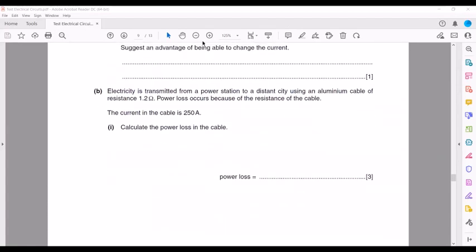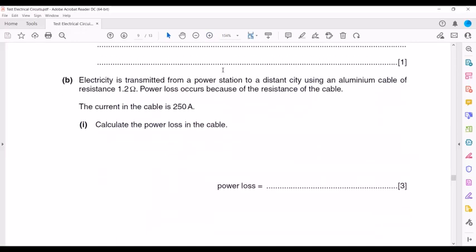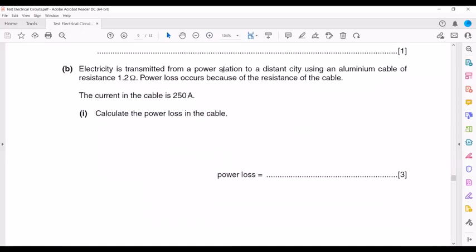Then electricity is transmitted from a power station to a distant city using an aluminum cable of resistance 1.2 ohms. The power loss occurs because of the resistance. The current in the cable is 250. Calculate the power loss. The formula for power loss P is equal to I squared R. So 250 is the current, squared, because it is I squared multiplied by R, which is 1.2.